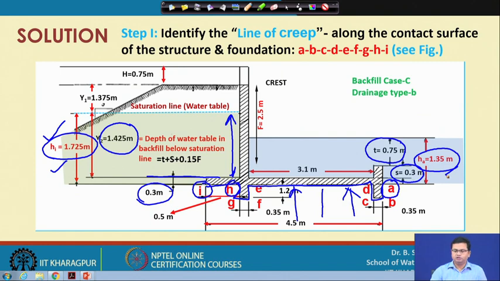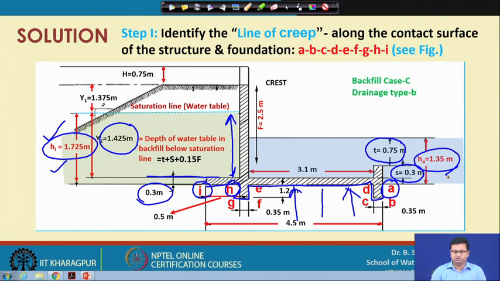Once these pressures are calculated at I and A, and from I to A along the line A, B, C, D, E, F, G, H, I, this is my contact surface, and there are horizontal surfaces.